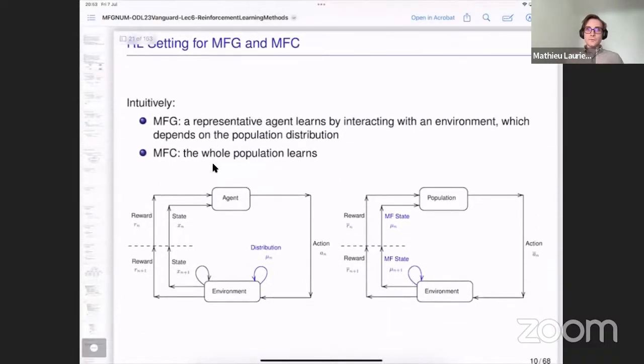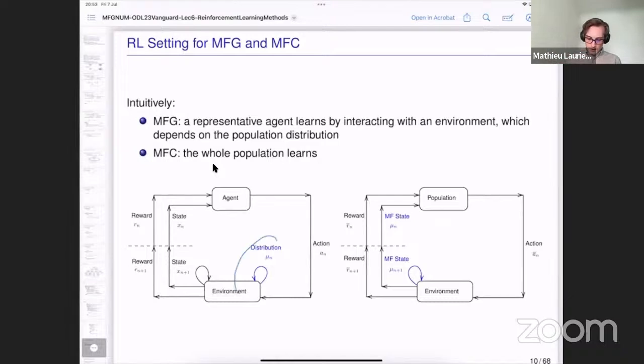So how can we adapt this setting for mean-field games and mean-field control? Well, of course, the main point will be to handle the distribution, and the interaction with the distribution. In a mean-field game, the bottom line will be that we are going to use reinforcement learning for a representative agent facing the distribution.